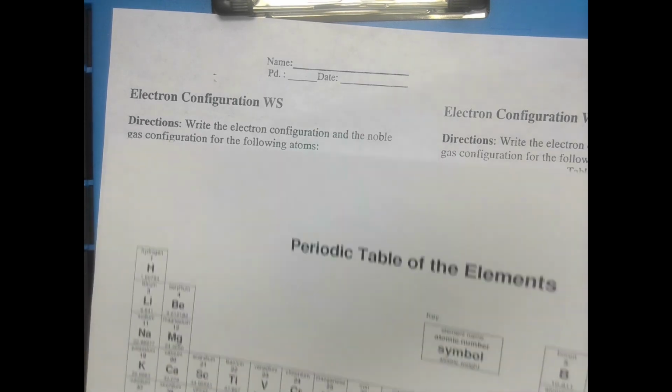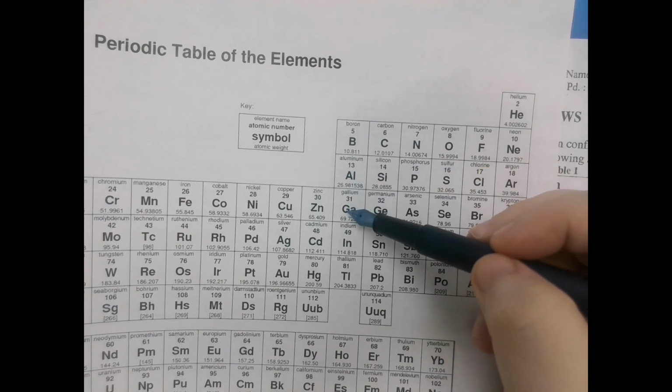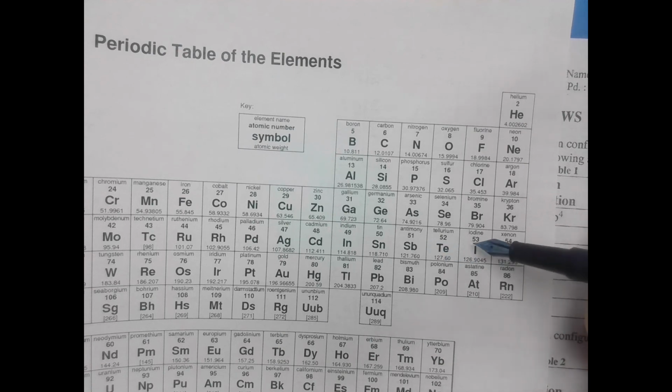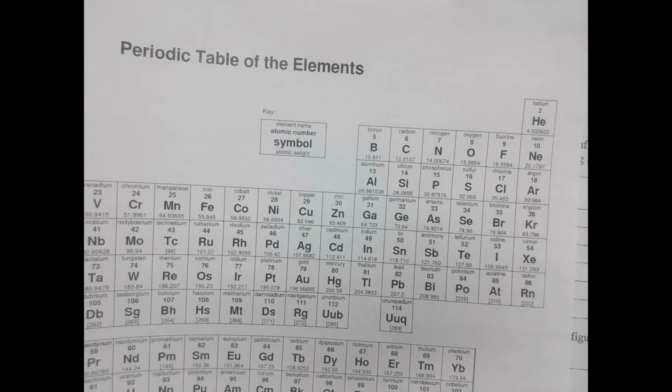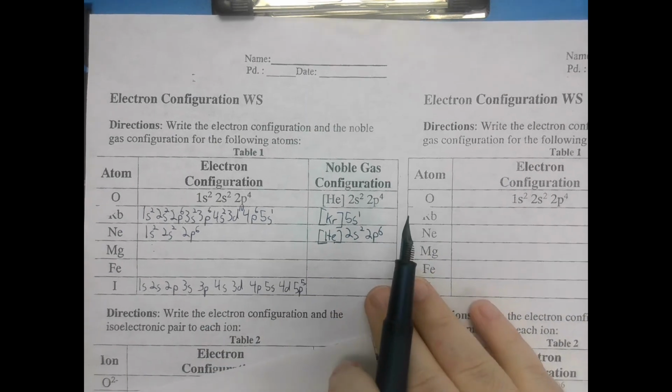This is the iodine. Iodine, I know, is 5p, and 1, 2, 3, 4, 5, so it'll be 5p5. There's going to be 5. The rest of them are going to be all full.